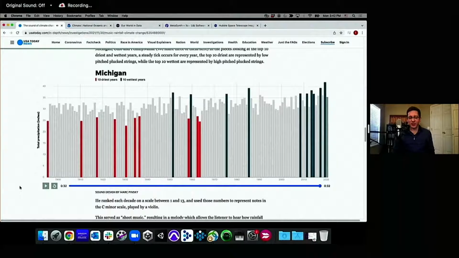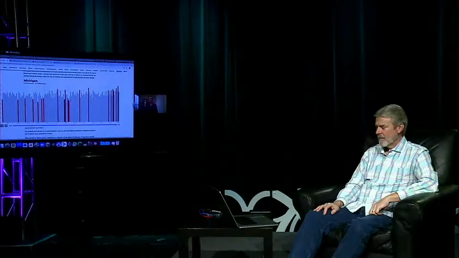In this piece, I was trying to show or convey when the wettest years were as versus the driest years. And when you hear it and when you see the graph simultaneously, it really becomes very apparent as to what is really going on.